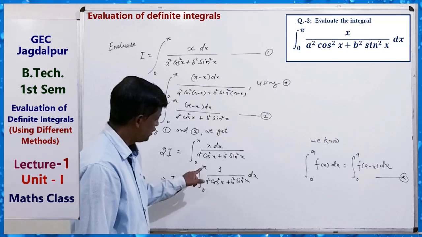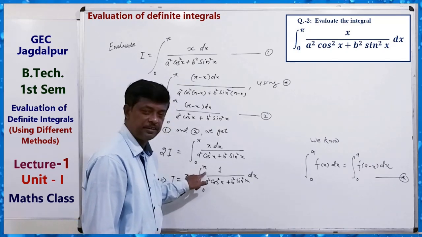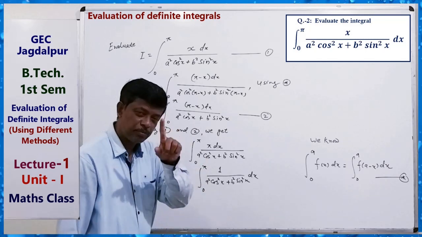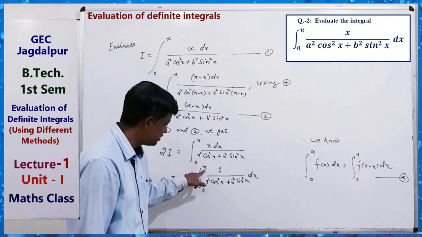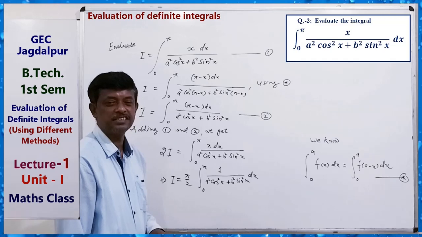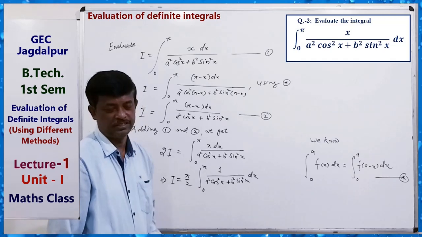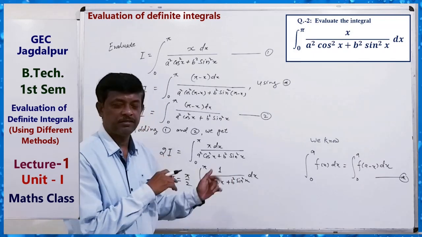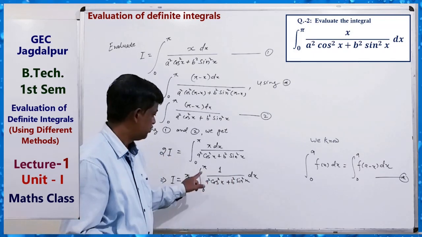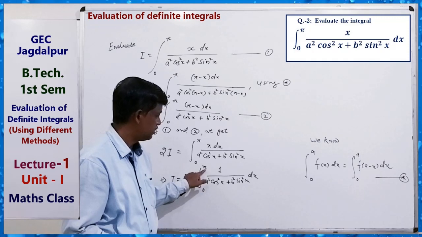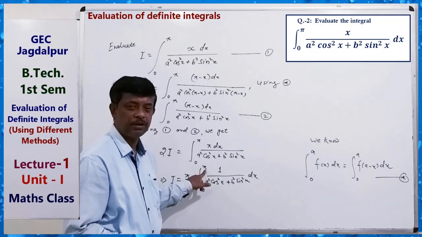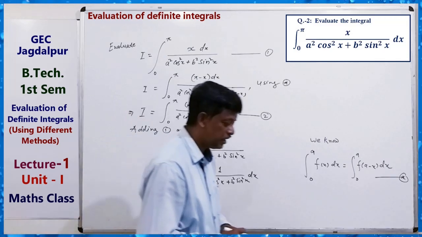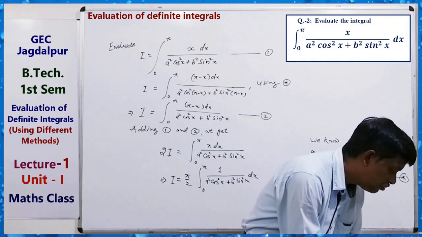So we can use a property for converting this limit to pi by 2 generally, because in the case of tan, if we can get this limit as pi by 2, then solving that will be easy for us.